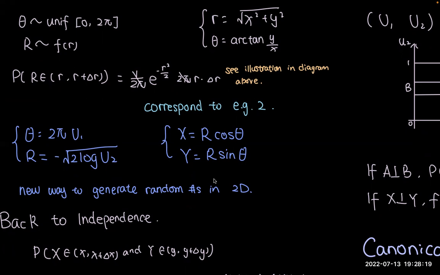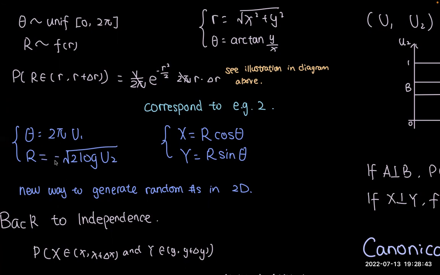Okay. So in this method, everything is exact, unlike the inversion method, where we need a very complex formula to approximate the inversion of the CDF, capital F, or calculate F inverse. We don't need approximation here. Everything is exact. And also the calculation is much simpler, right?